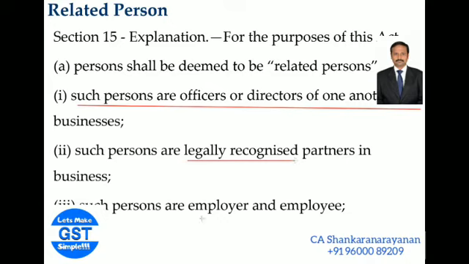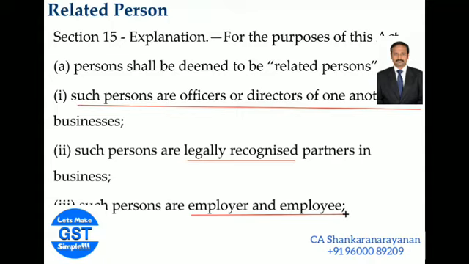And the third one, the most important one, I would say, is such persons are employer and employee. If such persons are employer and employee, done. You are considered to be related persons. Now, this is where I told you a director who is an executive director will become a related person.